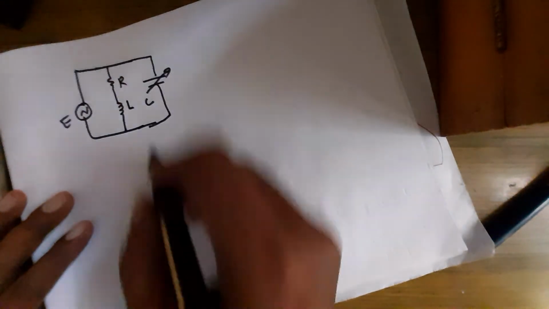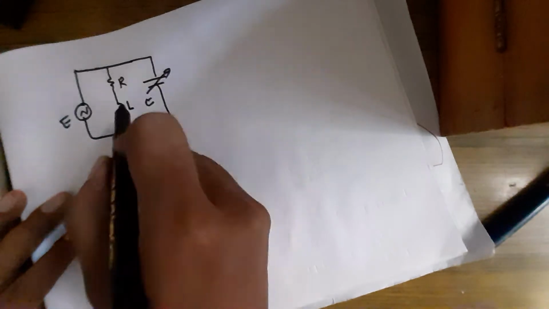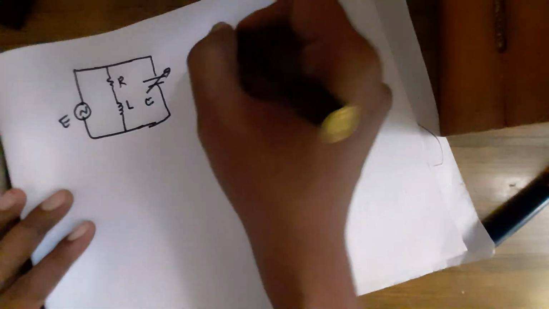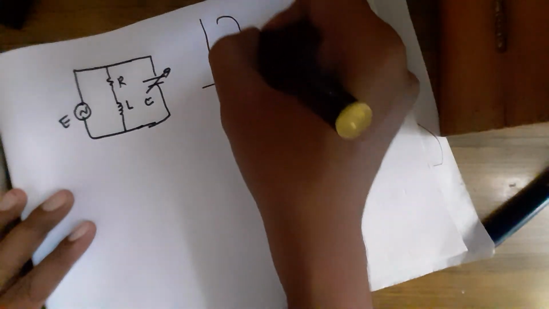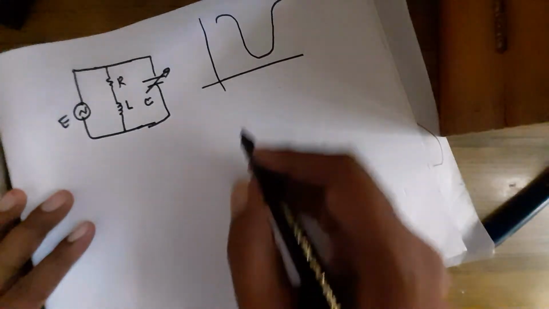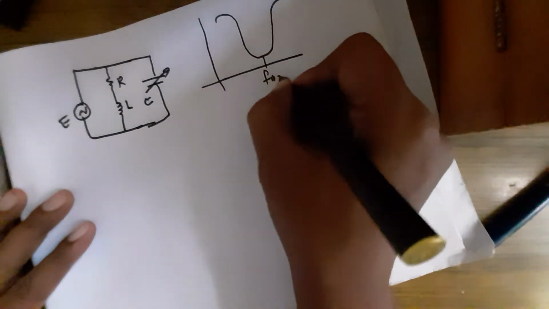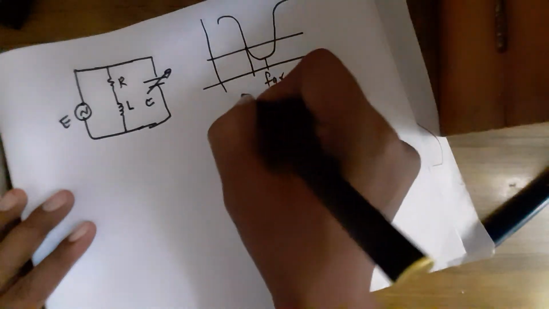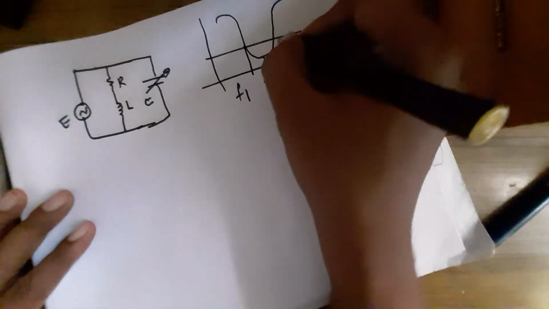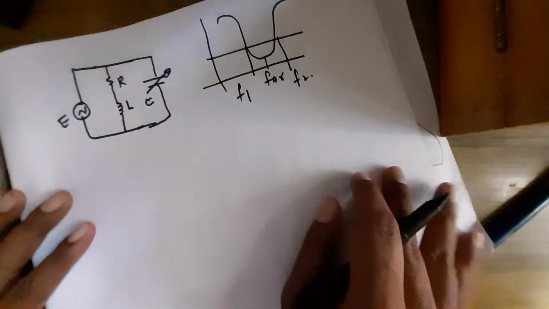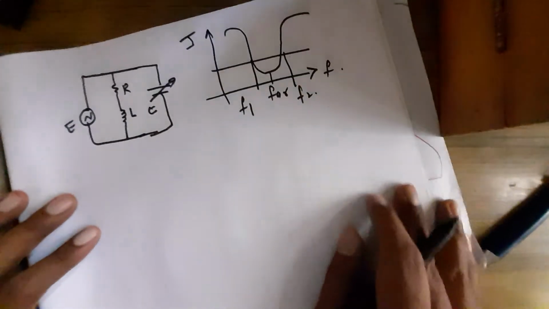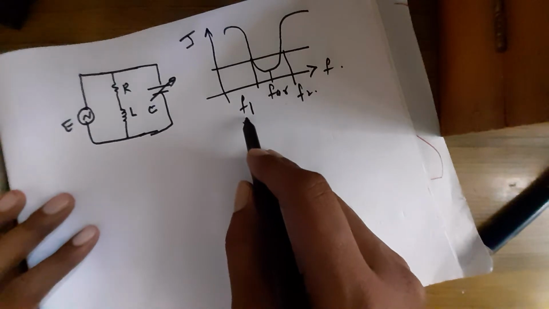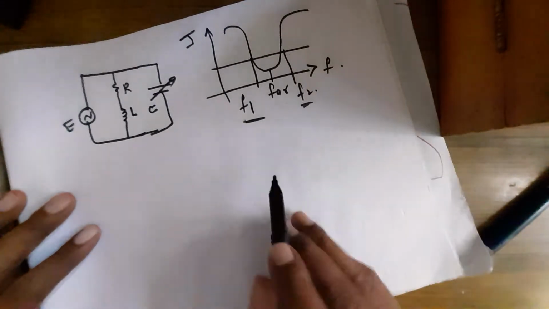The capacitor is variable, so if you vary it, the frequency also varies. Here we get FAR, and taking 3 dB, F1 and F2. This is the current versus frequency graph. We have to find the value of F minimum and F maximum.